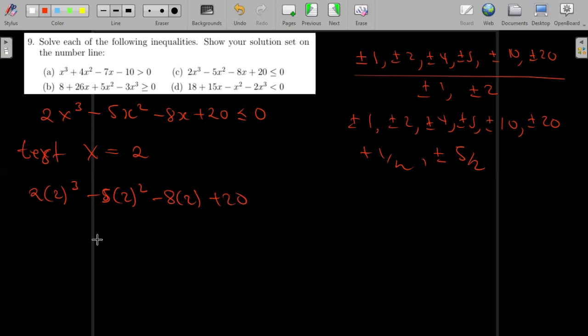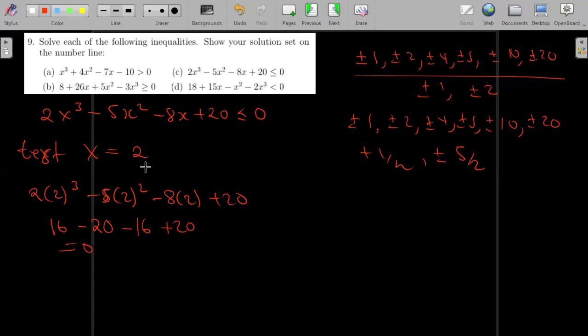So we work this out, what do we get? Here we cube 2, we get 8, 8 times 2 gives us 16. Here you square this, you get 4, 4 times 5 gives you 20. 16 minus 20 minus 16 plus 20, and this most definitely gives you 0.